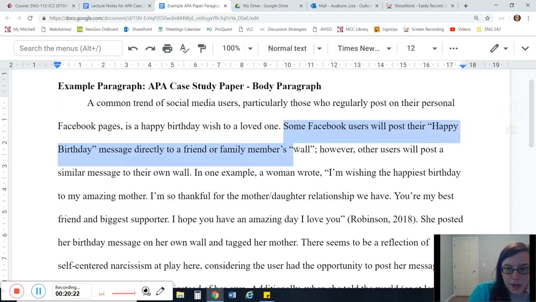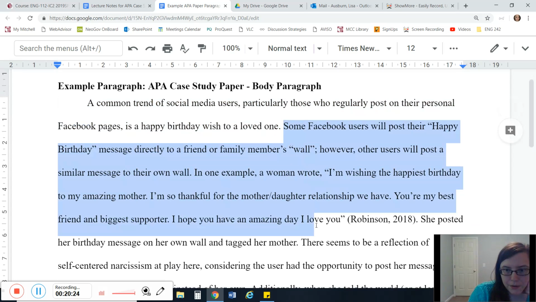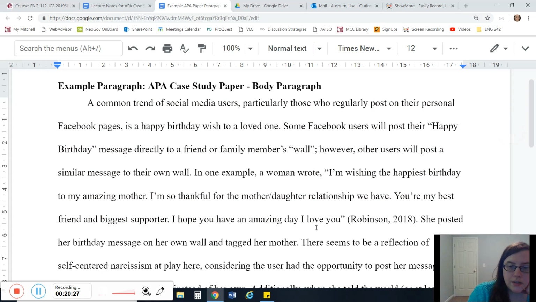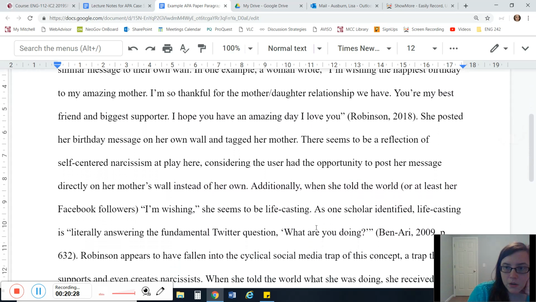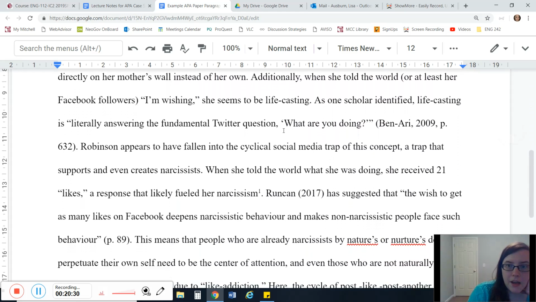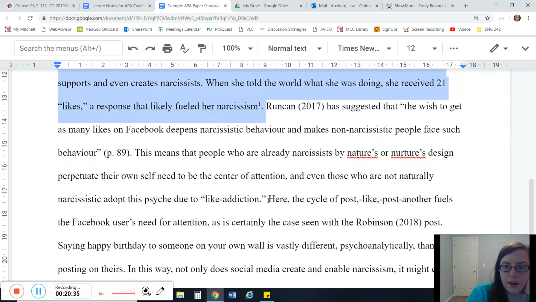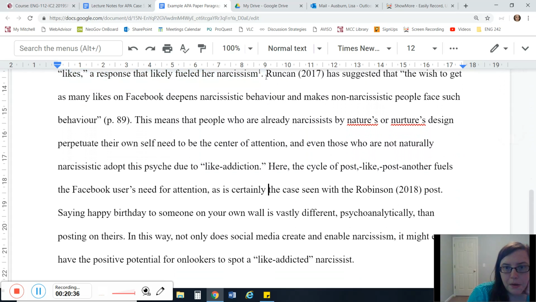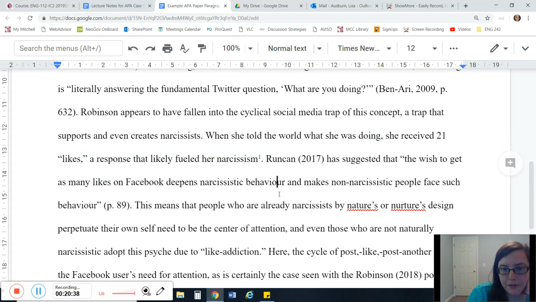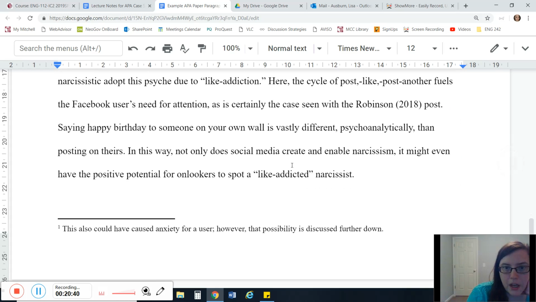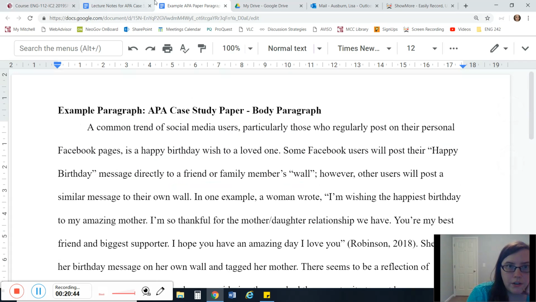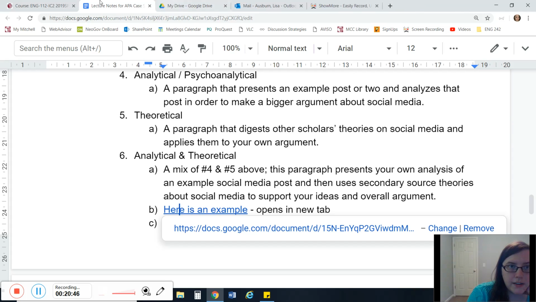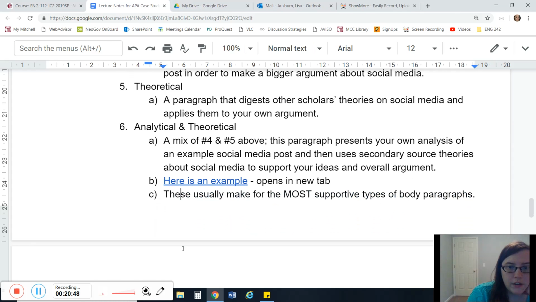I go for maybe 3 or 4 sentences presenting social media, a primary source, and then I bring in some secondary support throughout. Probably 50% or more of the paragraph is secondary support, and then I try to tie that secondary support back in a concluding sentence. So I definitely encourage you guys to check that out.